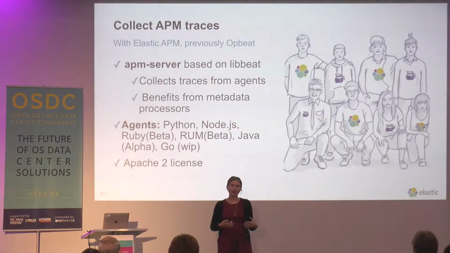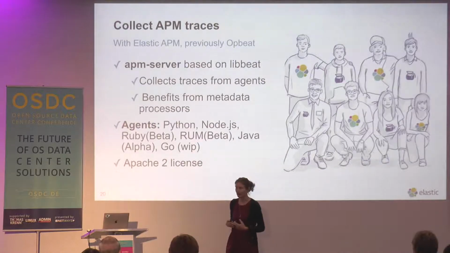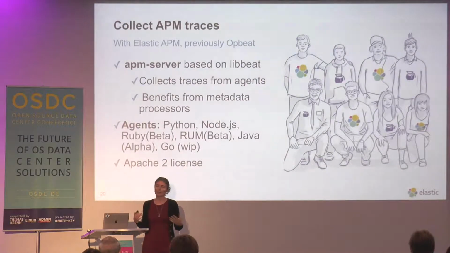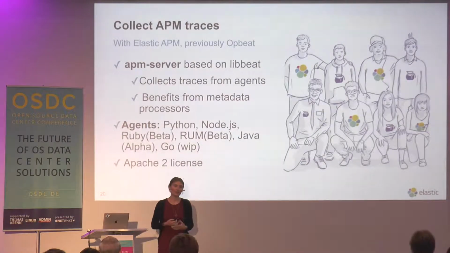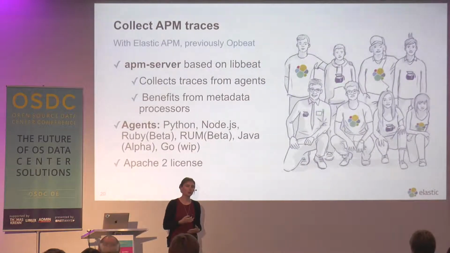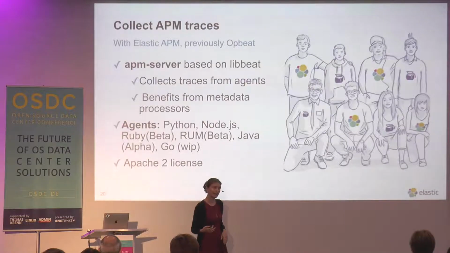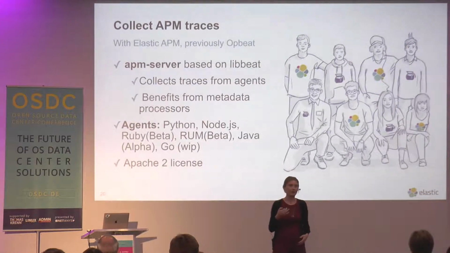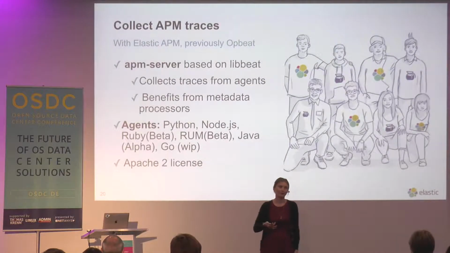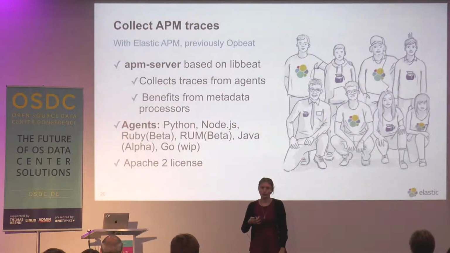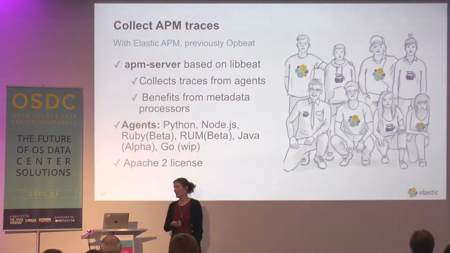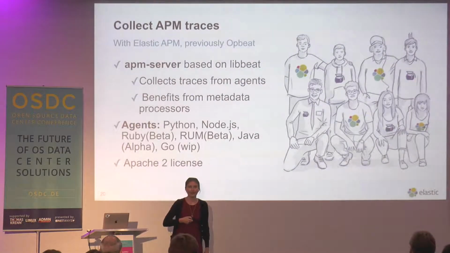It's based on the Beats platform, which we call libbeat, so it comes with the benefits of the metadata that we collect. You could add Kubernetes metadata to enrich your traces with the pod name and all the Kubernetes metadata, so you can identify which container or which namespace this trace is coming from.